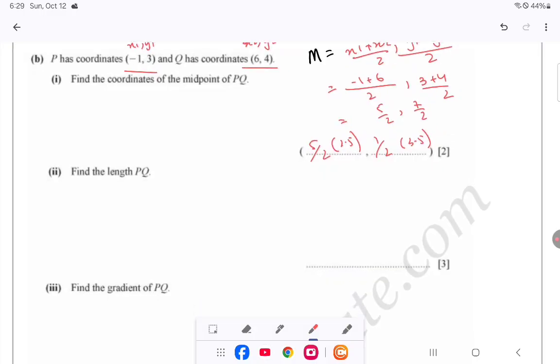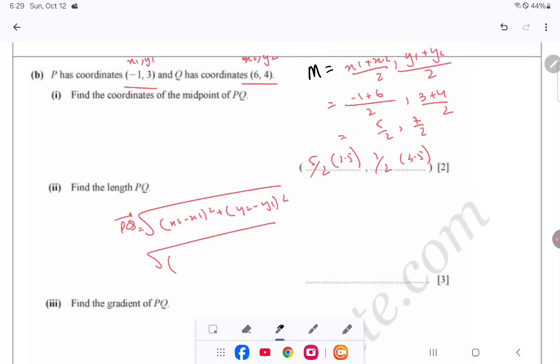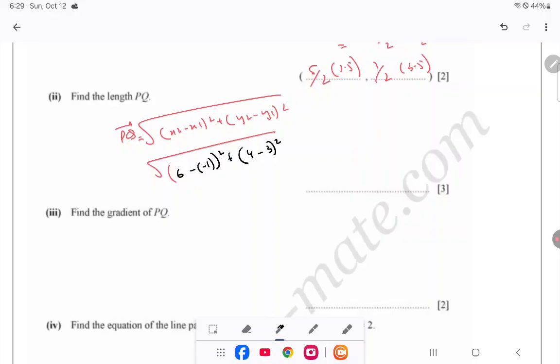Find the length of PQ. The length formula is the square root of x2 minus x1 square plus y2 minus y1 square. With the values of x2 and x1: x2 is 6 minus x1 is -1 whole square plus y2 is 4 minus y1 is 3 whole square.